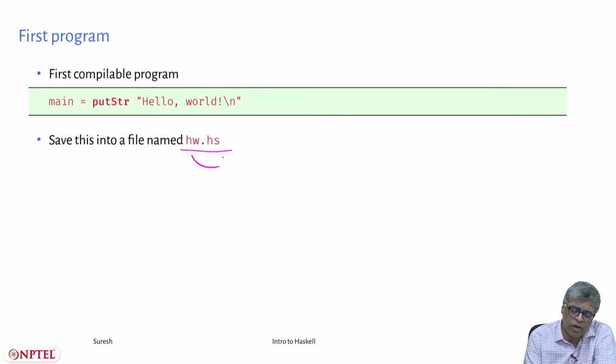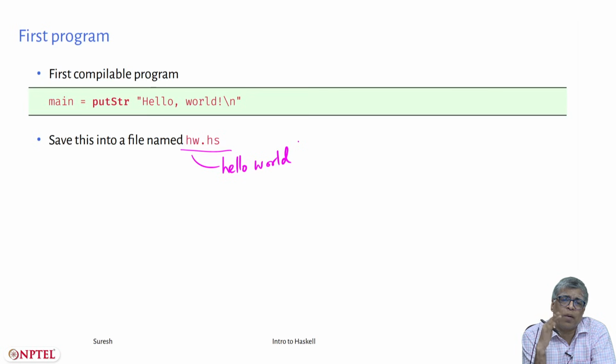HW stands for hello world. From the 1970s or so, it has become a tradition that one of the first programs you would write is a hello world program, just to test that you have installed the programming system correctly on your machine.